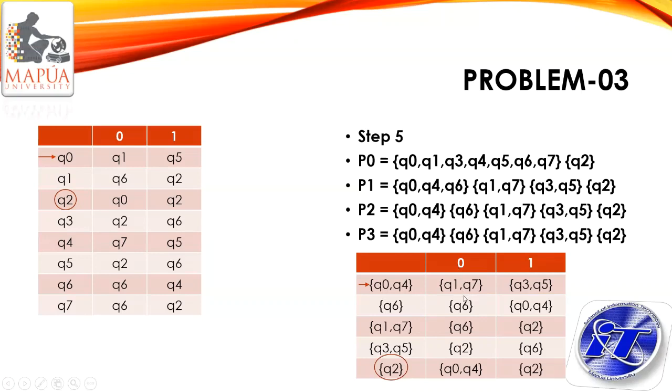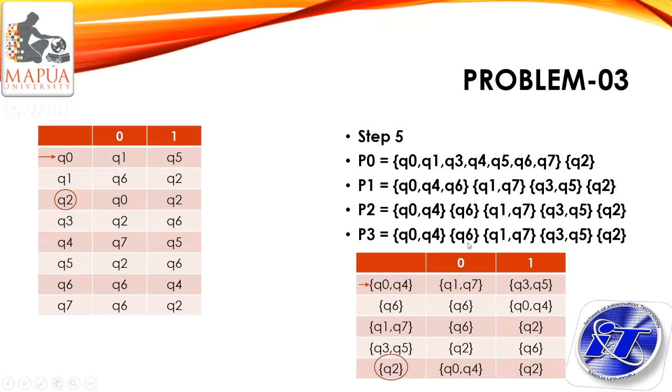Q1, Q7. So this will be the new path when Q0, Q4 encounters 0, which is still the same since Q4 goes to Q7, same group. And if it's 1, it will go to Q5, and the group containing Q5 is Q3, Q5.